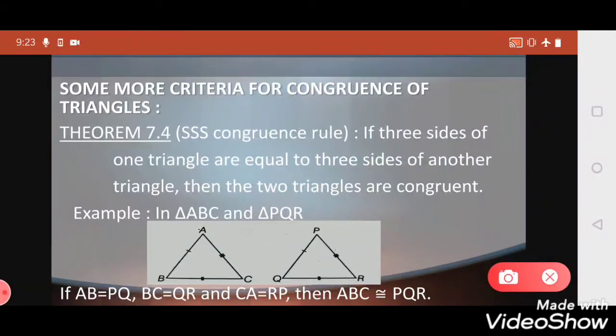It means the given condition is three sides, that is AB equal to PQ, BC equal to QR, and CA equal to RP. Then triangle ABC is congruent to triangle PQR.